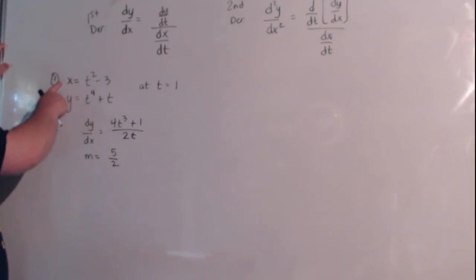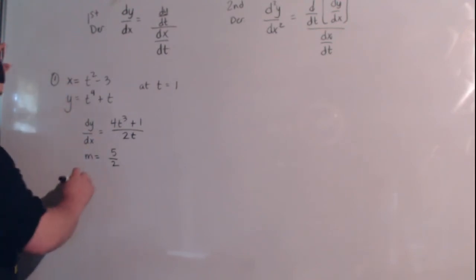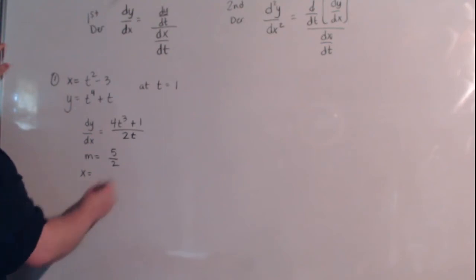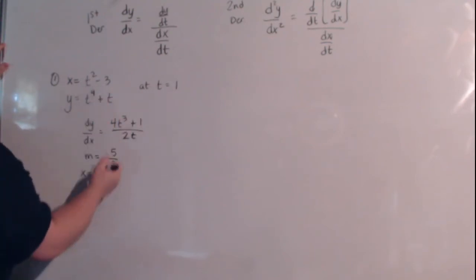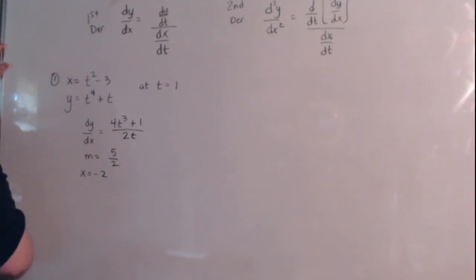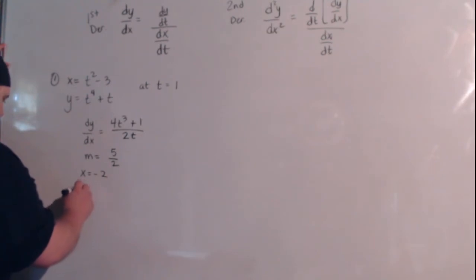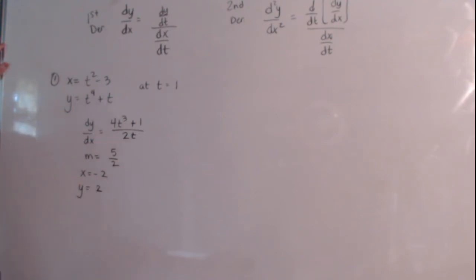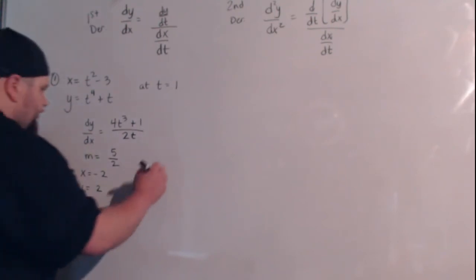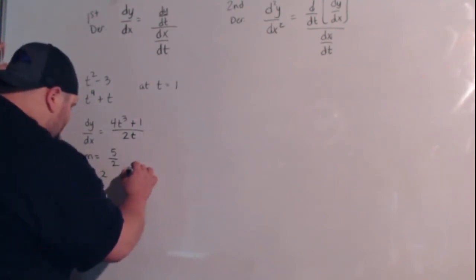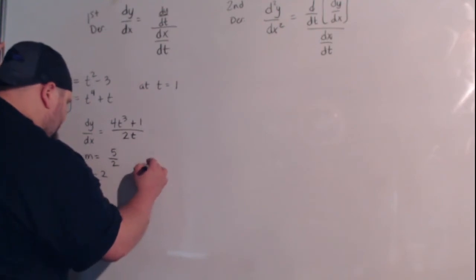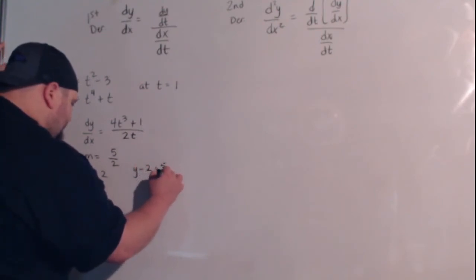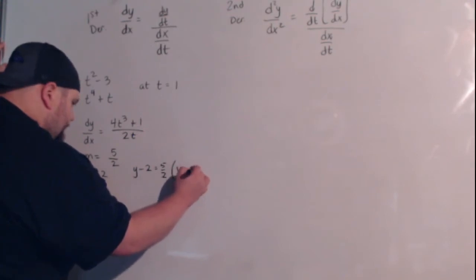Then we need the x and y coordinates. So x is equal to, when we plug 1 in, looks like -2, and y is equal to 2. So then using point slope, we have y minus 2 equals 5/2 times x plus 2.